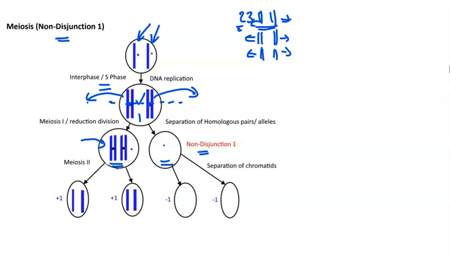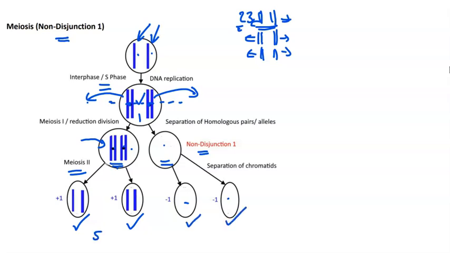So meiosis 2 then results in the separation of the chromatids. So these 2 pairs of chromatids here would align on the equator beside each other and separate their alleles such that this gamete cell here will end up with 1 extra chromosome, as indeed does this one, whereas these 2 cells here would lack a chromosome like this.